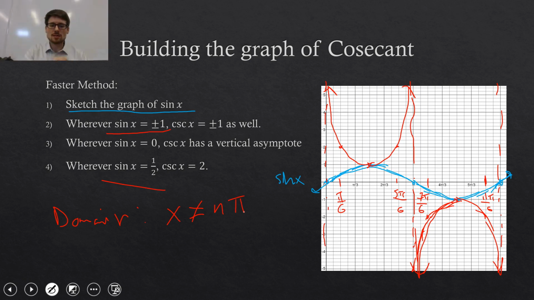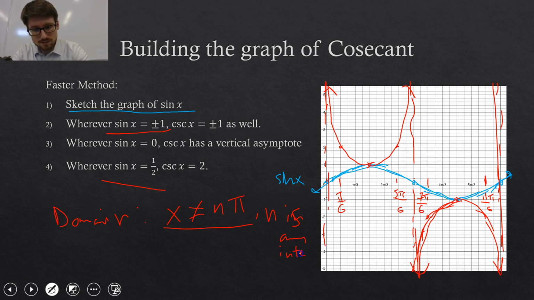So whenever x is a multiple of pi, the sine is 0, and then the cosecant's undefined because we're trying to do 1 over 0. So at 0 it's undefined, at pi it's undefined, at 2 pi it's undefined, and so forth. So it's everything except for multiples of pi. So n is an integer.